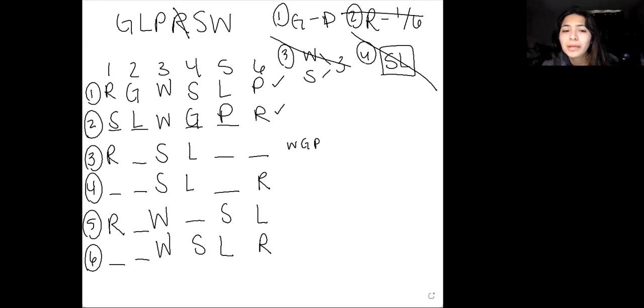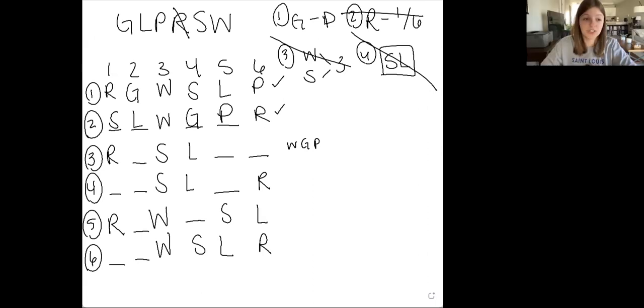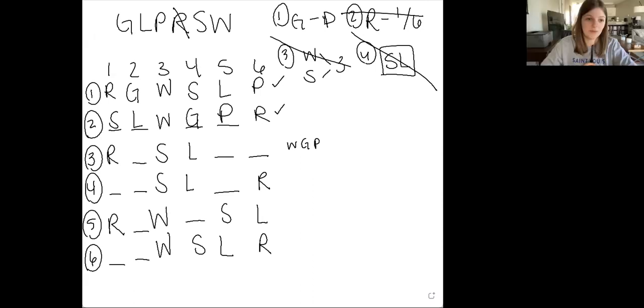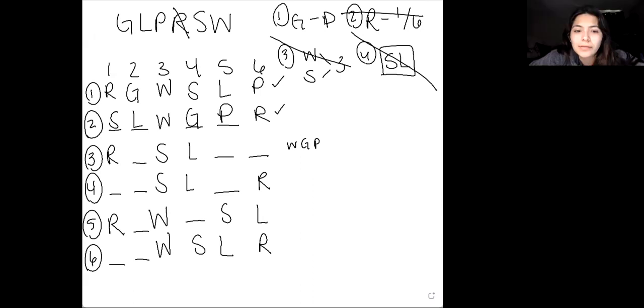It has to be before P. So if we put G in 6, are we able to put P after it? No, you can't. We couldn't fit P. We need an extra space. Okay, so it'll only be 2 and 5.